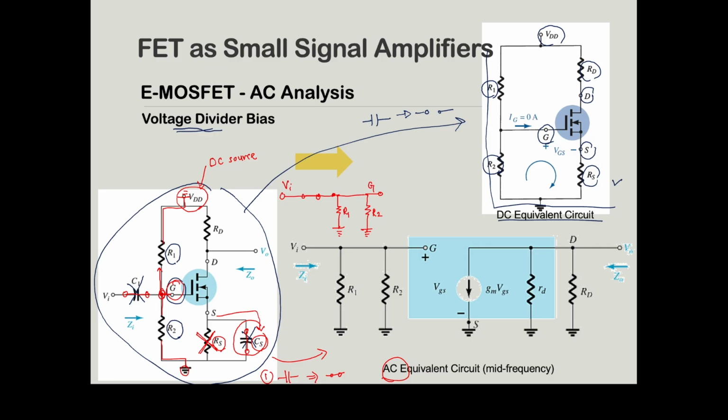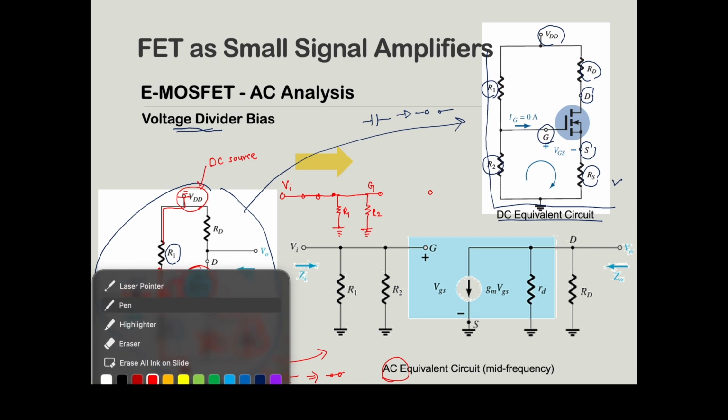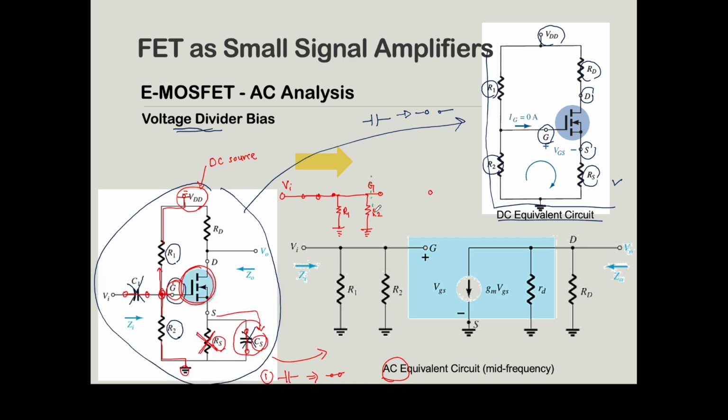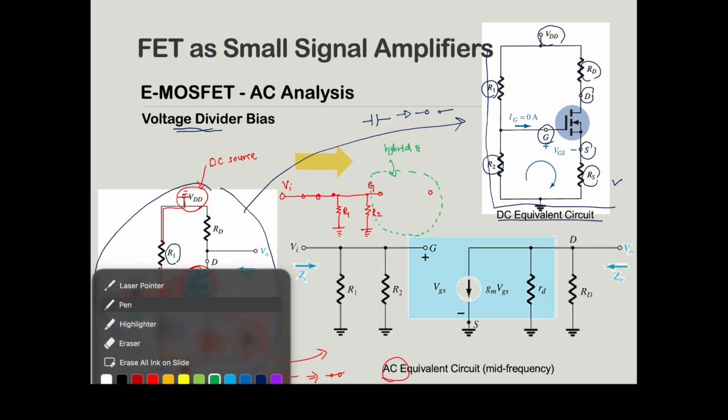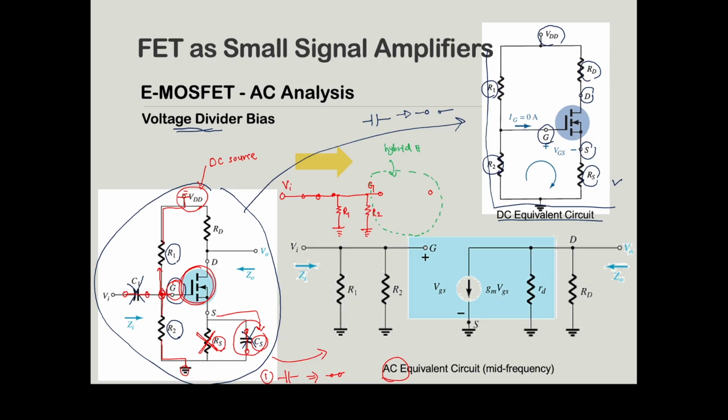Next, drain. Let's leave this as it is first. We don't do anything about the hybrid pi model yet. This area should be your hybrid pi model, so we leave that first. Let's go into your drain.